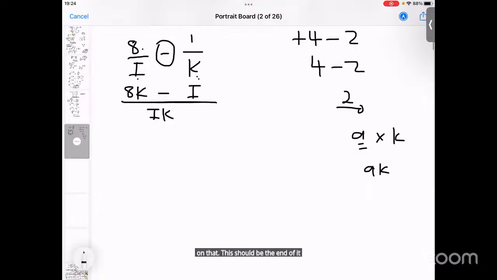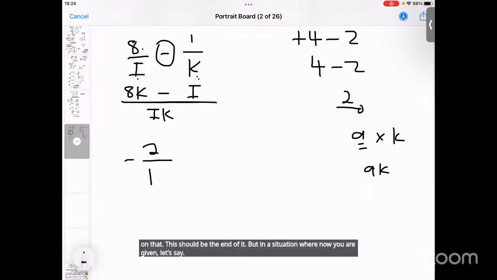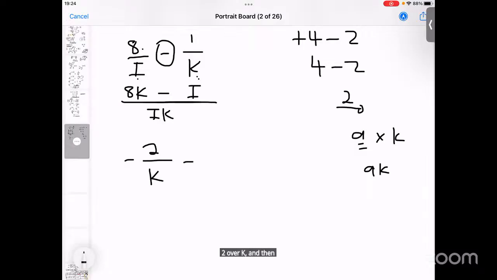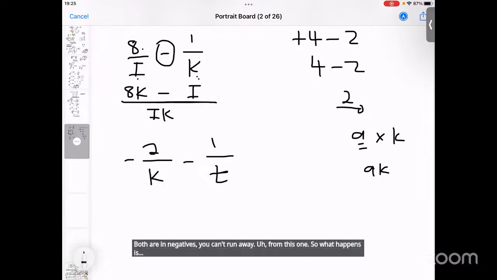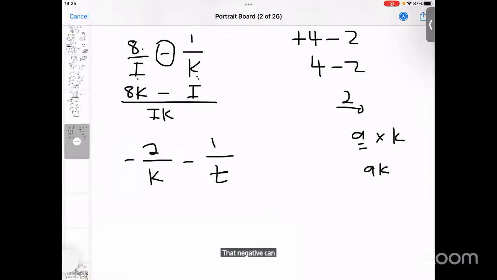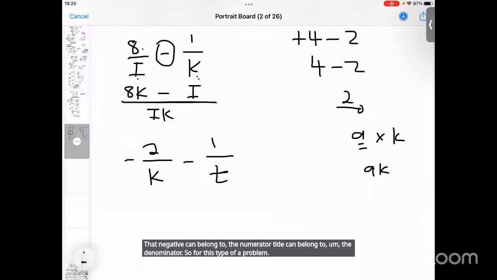But in a situation where you are given, let's say, 2 over k, and then they minus 1 over, let's say, t. You see, both are negatives. You can't run away from this one. Most of you get confused by that negative sign. Remember what I said, that negative can belong to the numerator, it can belong to the denominator. For this type of problem, assign it to the numerator.